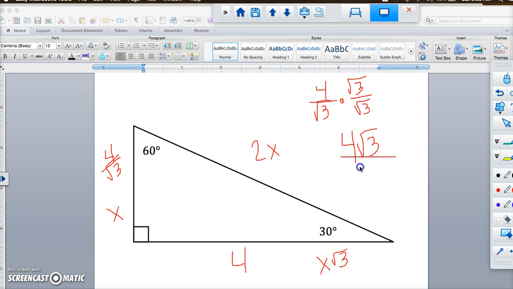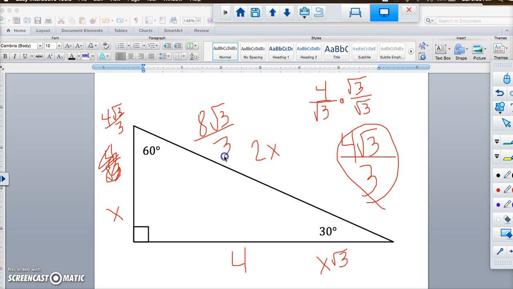And the square root of 9 is 3, so all that happened is the 3 came out of the square root. And this would be the appropriate answer, not this. So then this side would be 4 square root of 3 over 3. Then to find the hypotenuse, it would be 2 times that, so 4 times 2 is 8. So then the hypotenuse would be 8 square root of 3 over 3. And we're going to put that in the learning log.